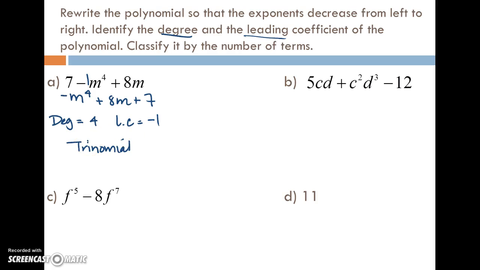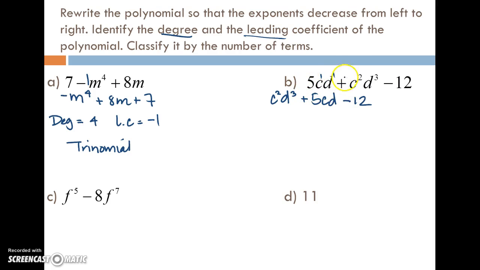There you go. So part B looks a little bit different, but it's not too much. There are two different variables, so let's start with order first. This has the highest one, so I'm going to put c squared d cubed first, plus 5cd minus 12. If there's more than one variable, technically, this is a 1, this is a 1.